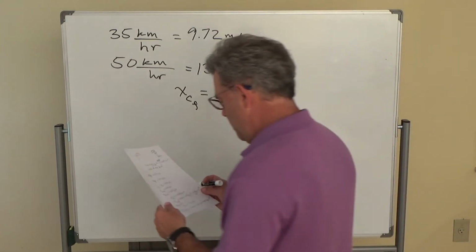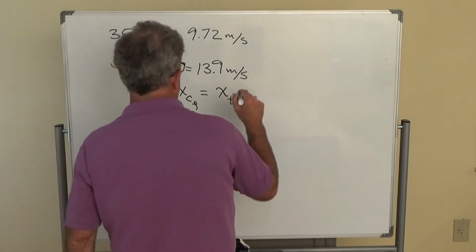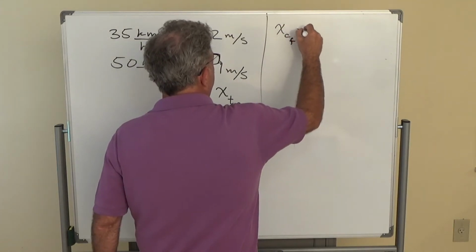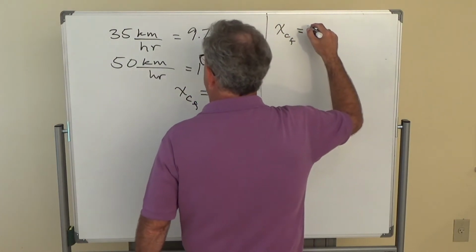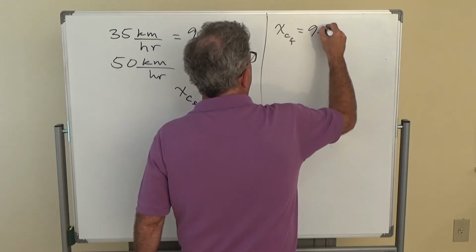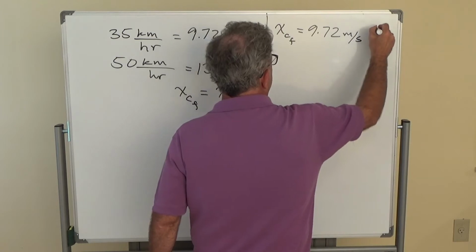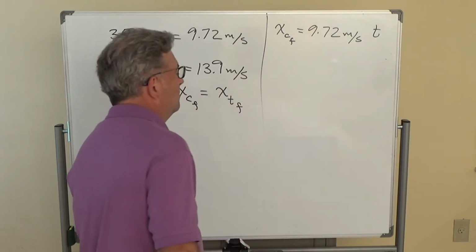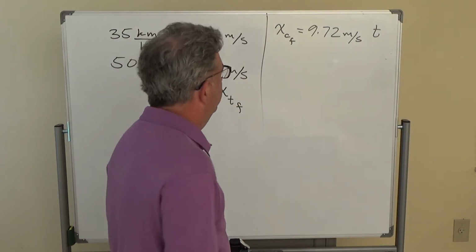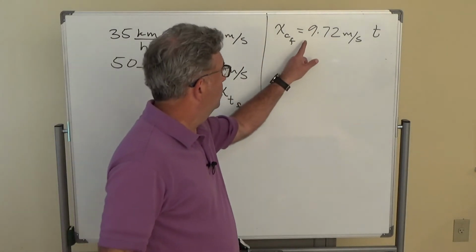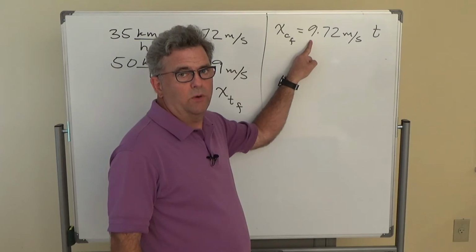X car final is easy. It's traveling at a constant speed, so 9.72 meters per second times t. X car initial was equal to 0, remember?